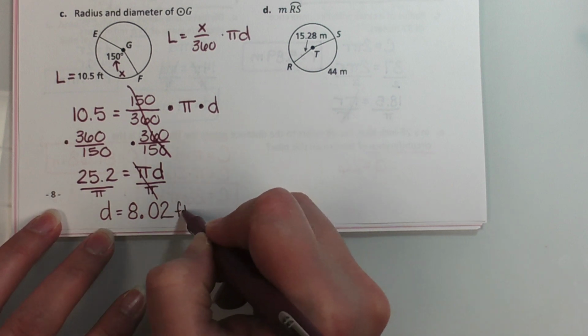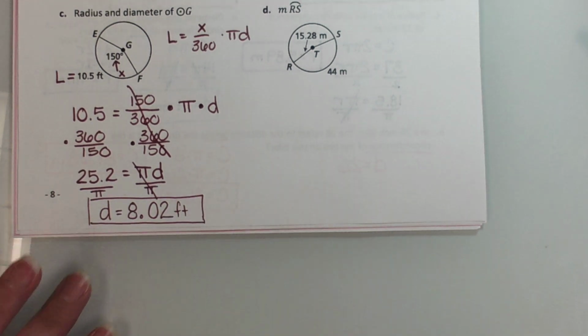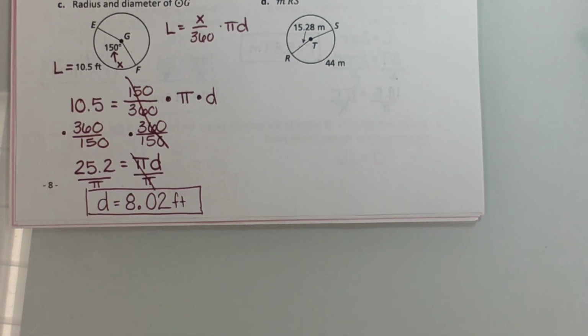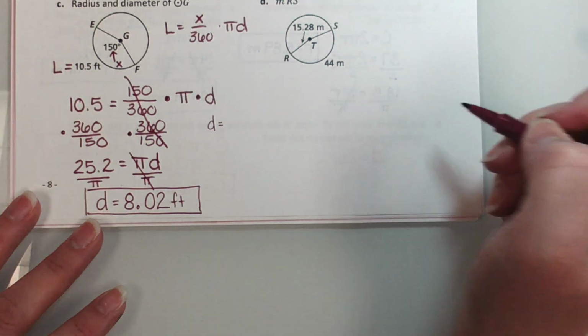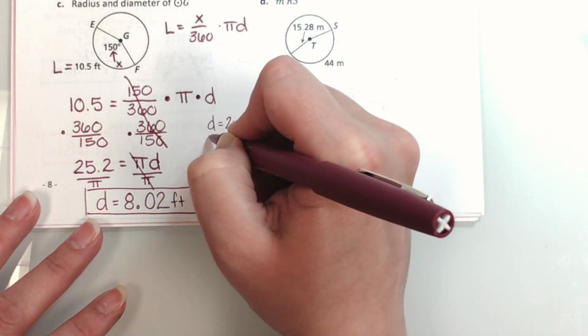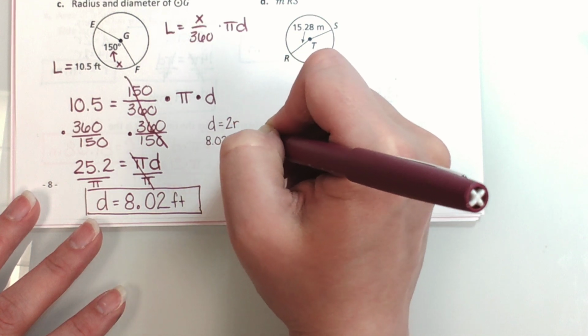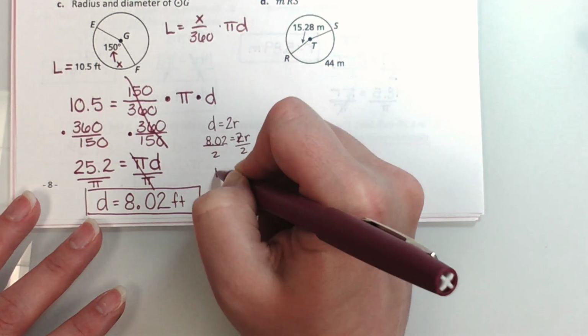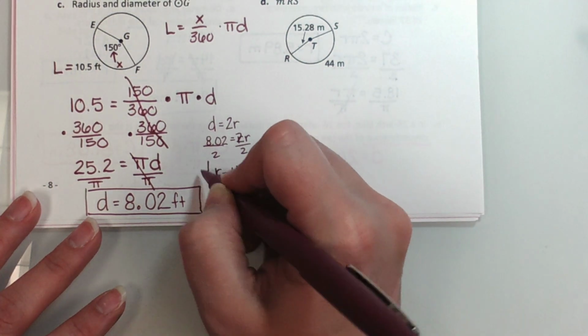It's diameter, feet. How do we get to the radius? Diameter is 2 radii, so divide by 2. Radius of 4.01, also feet.